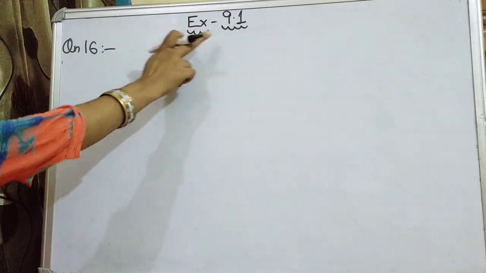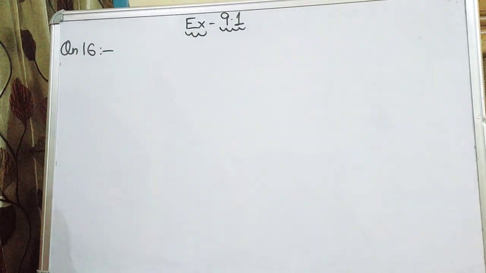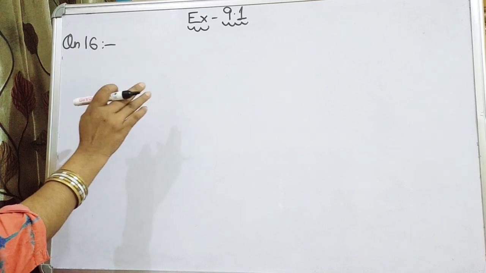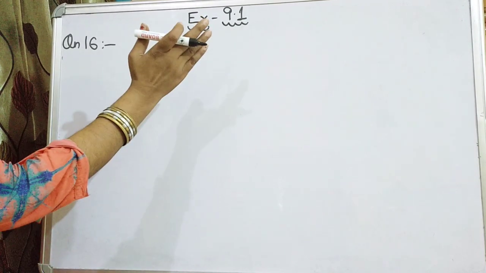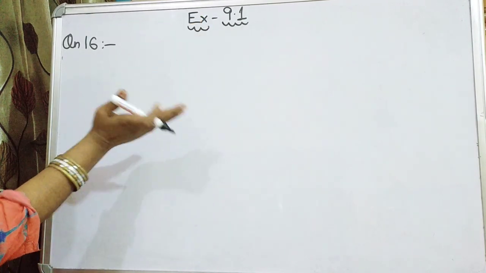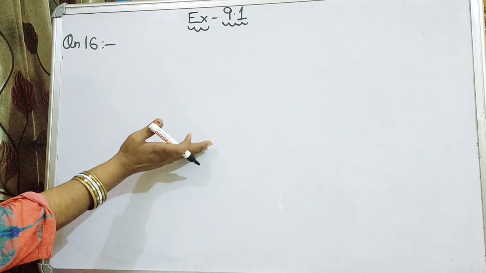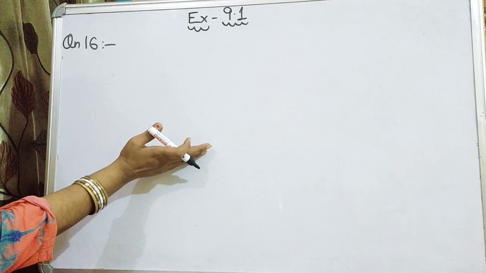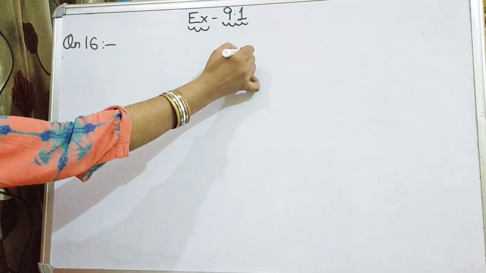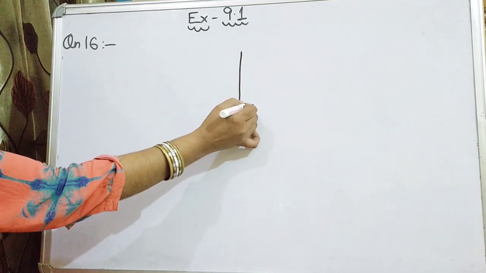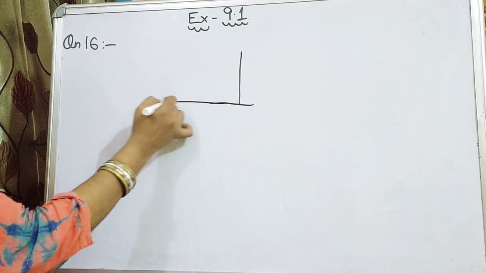Question 16 of exercise 9.1. Here it is given that the angle of elevation of the top of a tower from 2 points at a distance of 4 meters and 9 meters from the base of the tower. Let us suppose this is the tower, this is the base.